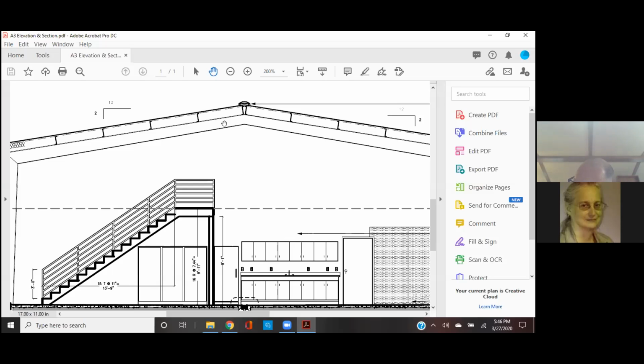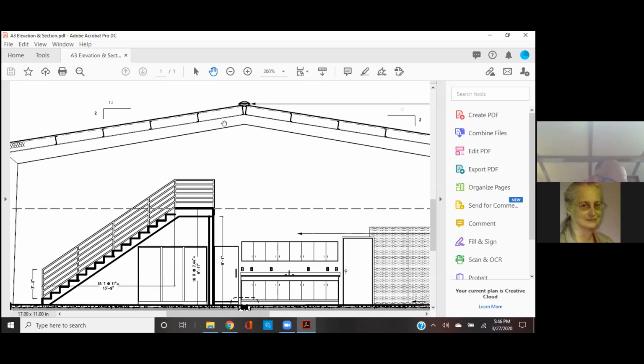Now I got to convert inches into feet, more math. 14 plus 11 over 12, right? Yes. It's not going to kill you to round it to 15. I think that would be easier.